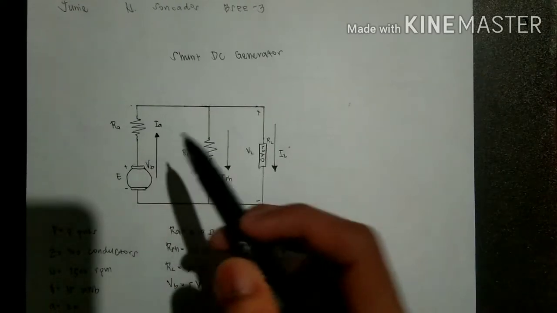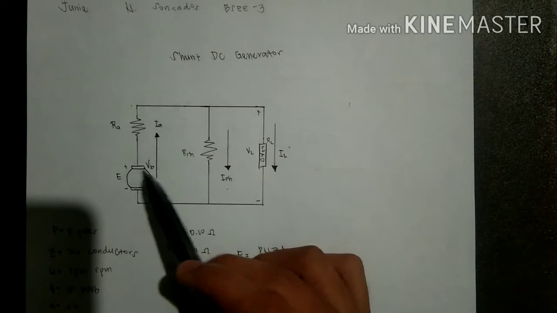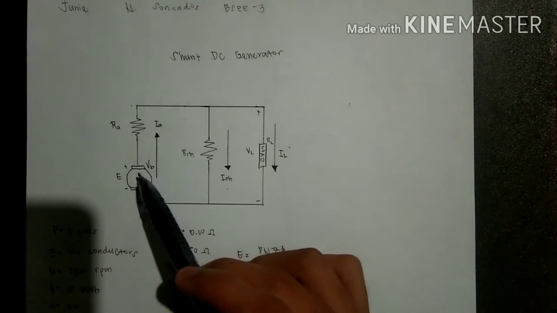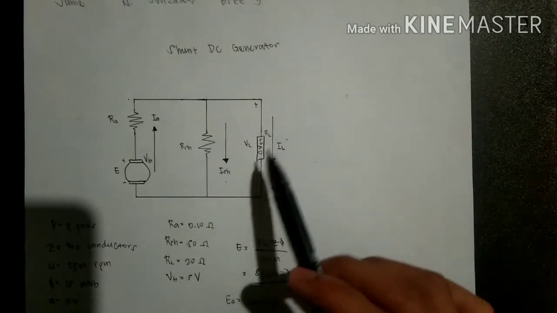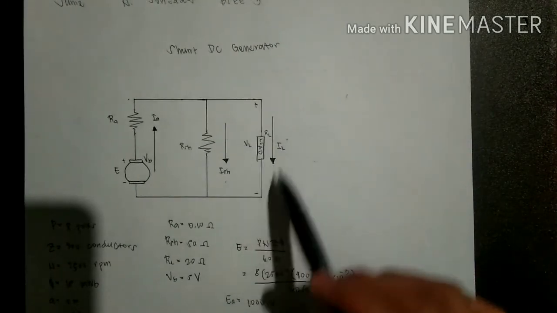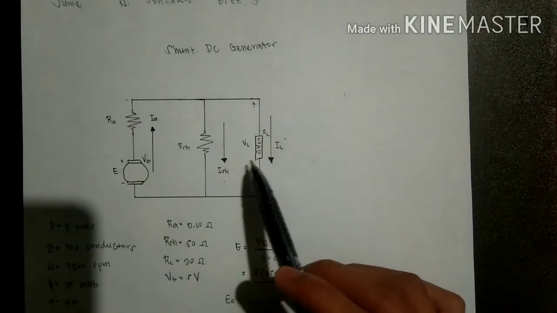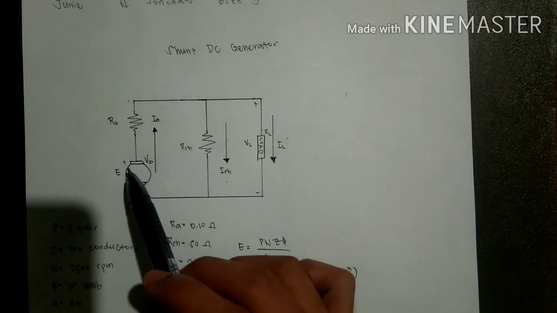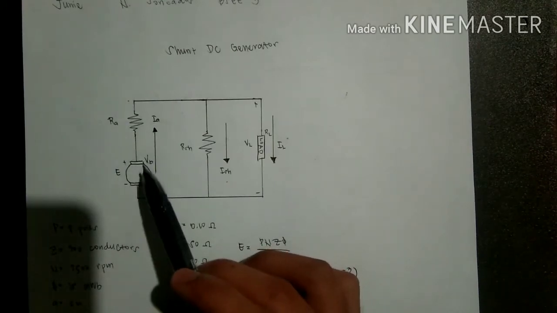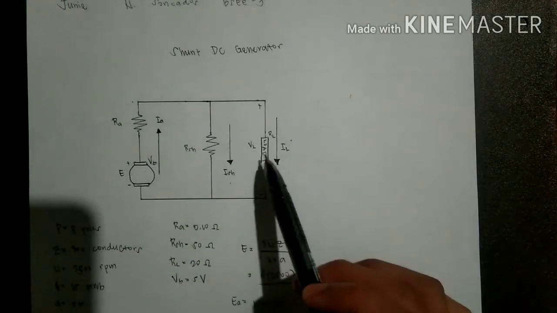This is the brushes, as well as this part, which is the load voltage or the terminal voltage. Also here we can calculate the power generated as well as the power delivered.